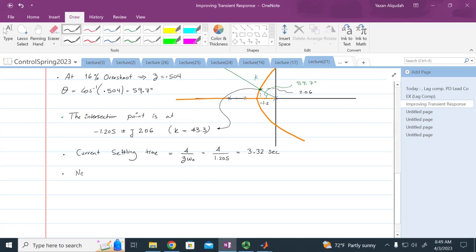We're going to calculate the new settling time. We're going to improve it by threefold. So we're going to have 3.32 seconds divided by 3, which is going to equal 1.107 seconds.